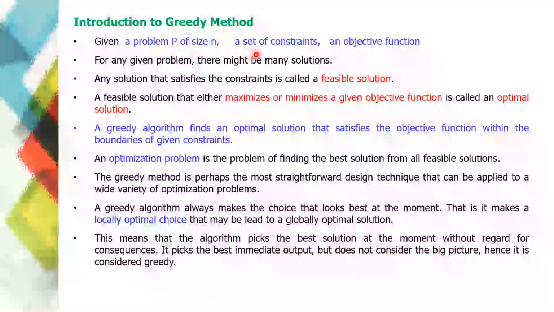You'll also be given a set of constraints. Whenever you devise an algorithm, all these constraints must be satisfied. They must not be violated. Also, you'll be given an objective function, and you have to devise a solution to either maximize or minimize the objective function.